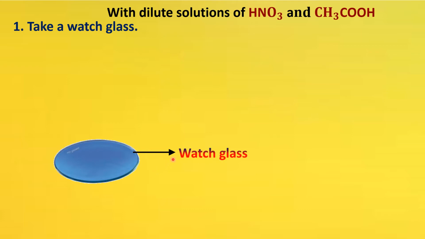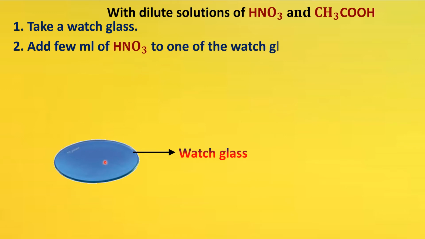Then we pour a few ml of the dilute nitric acid into this watch glass, and a few ml of acetic acid into the other one.